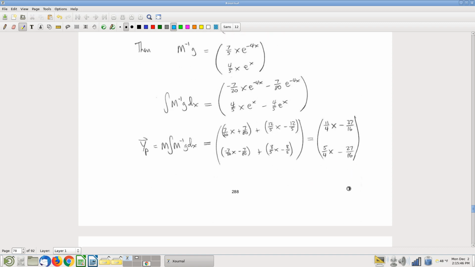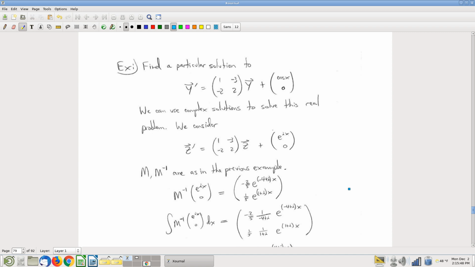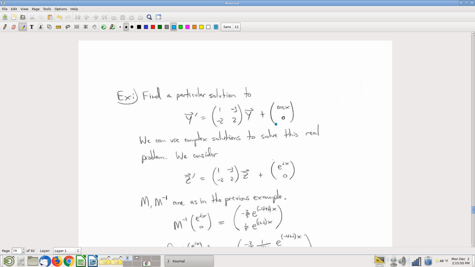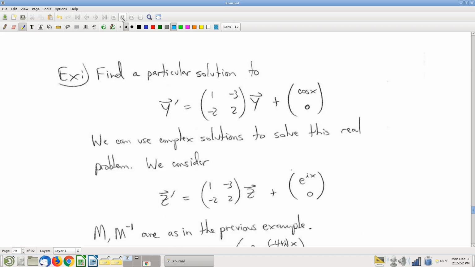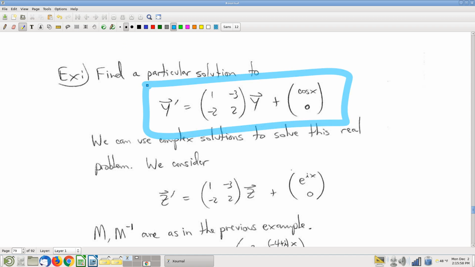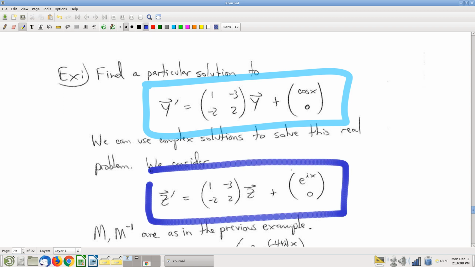Okay. Another quick example, and I think this is a good thing to spend a moment on. We had this idea back in Chapter 4 that when you have sines and cosines that promise to create inconvenience, you can instead look at the associated complex equation.